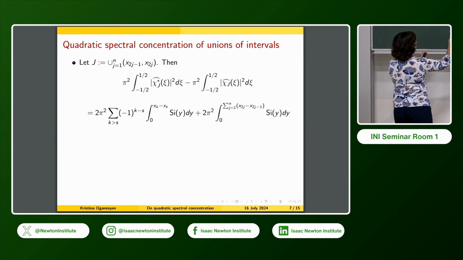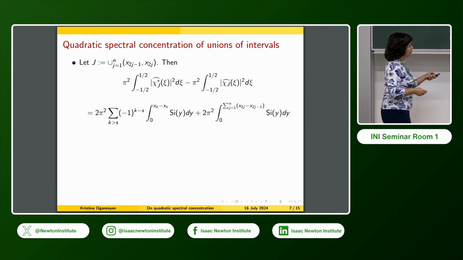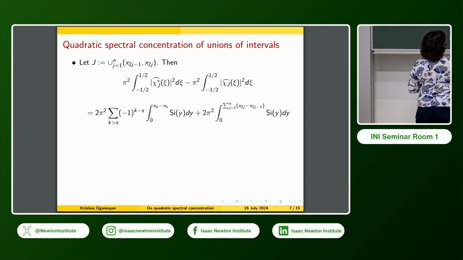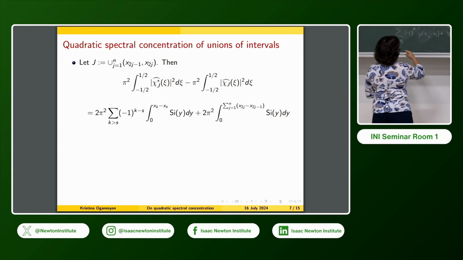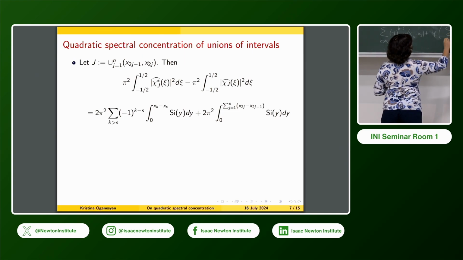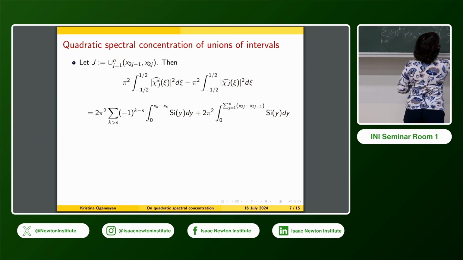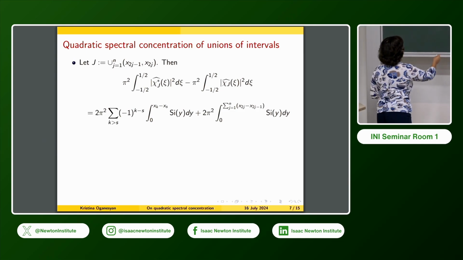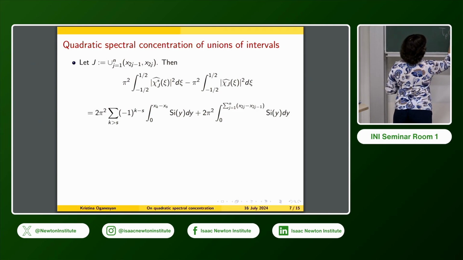I have this here, and let me write not the integral of sinc, but some arbitrary function phi here. So it would be this sum plus the last term, which is phi of this sum. And let me call it T phi of x_j.